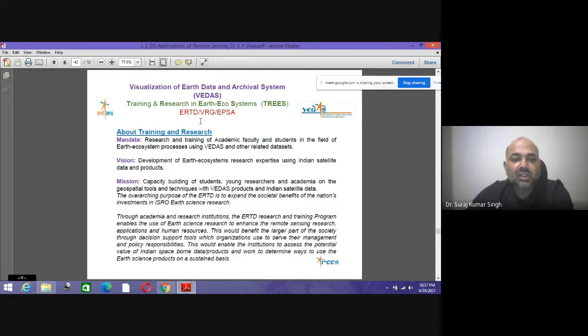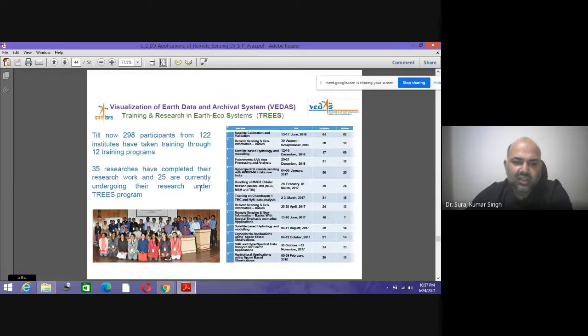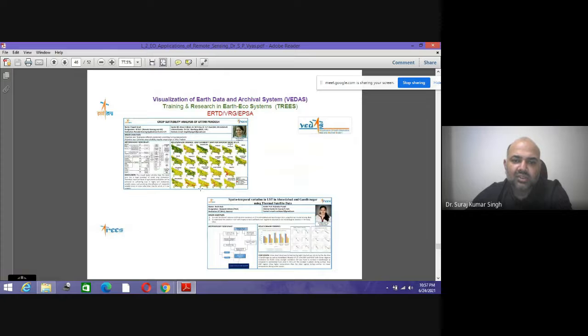As well as ISRO is providing various trainings and data sets using the Vedas platform, where you can download various kinds of software generated by the scientists of India. Then there are various laboratories, tutorials, and trainings provided to students on various topics of image interpretation and use of remote sensing.